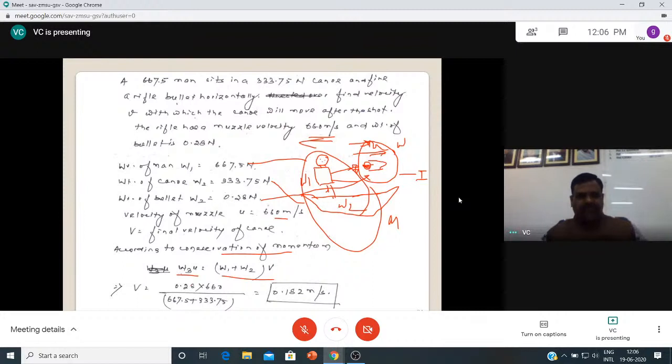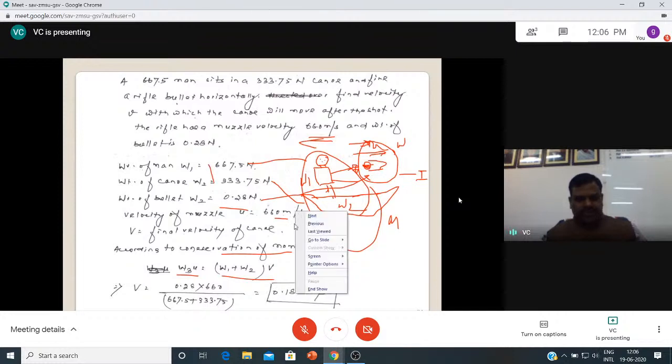W3 is 0.28 newtons. Velocity U is 660, V is unknown, and W1 plus W2 are these two weights.